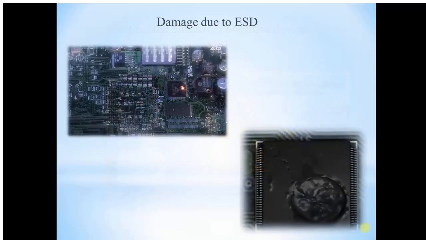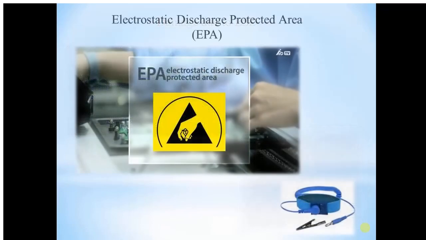And as miniaturization is gathering pace, such devices are becoming more and more sensitive to ESD. These sensitive ICs, especially the CMOS types and so on, are not able to withstand the high ESD voltage involved. And therefore, safe handling of these devices in electrostatic discharge protected areas, that is EPAs, is of prime importance.